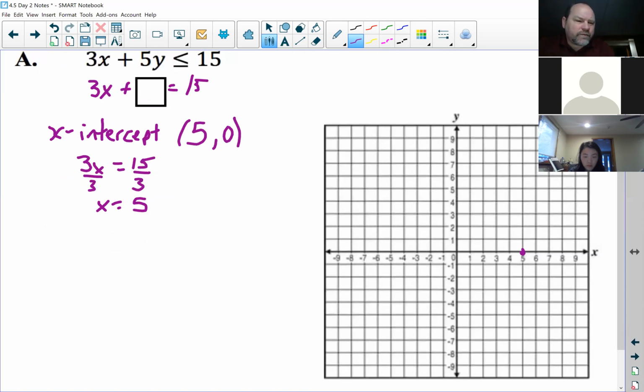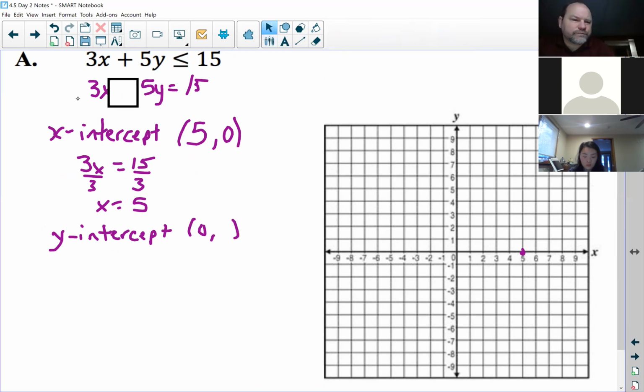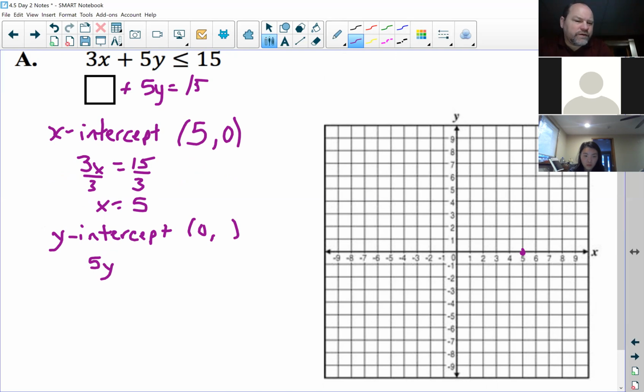Then I'm going to find my y-intercept. So x is 0. So I get 5y equals 15. Divide by 5. Y equals 3.